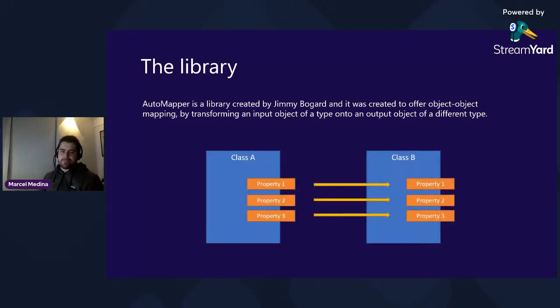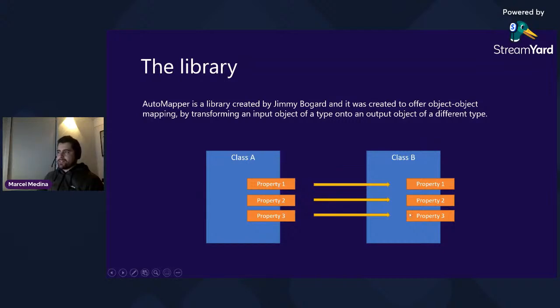So we have this mapping. It's pretty straightforward, but you can see that on a particular class, an input object, and an output, it's a library that allows you to do that sort of mapping.